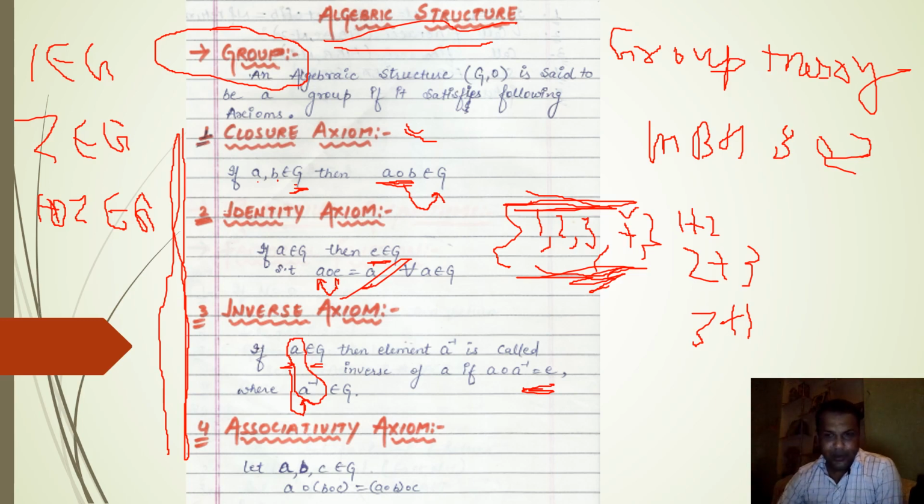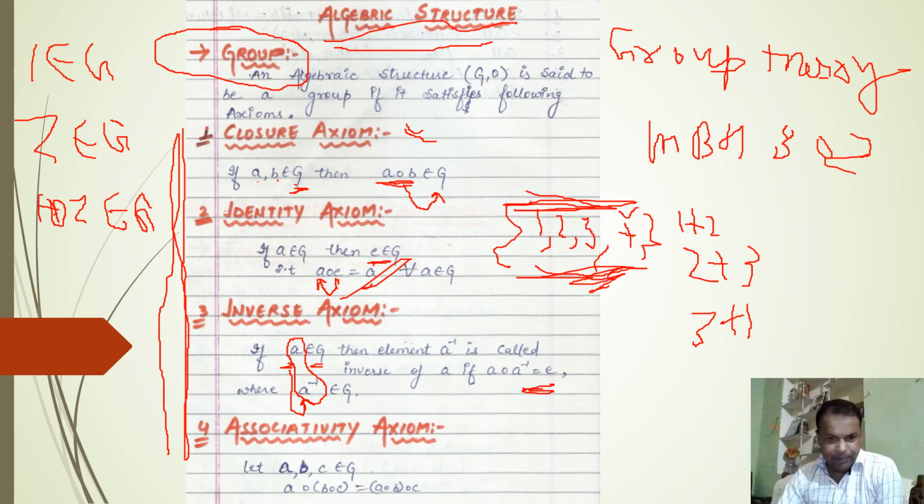And the fourth property is associative axiom. Associative axiom means we can associate, here we can associate first b with c, or first we can associate a with b and after that with c. It means we can associate these elements in any order.